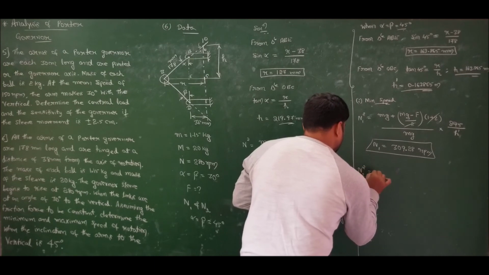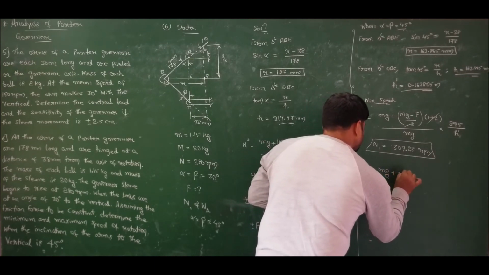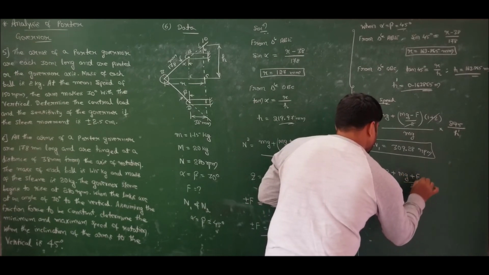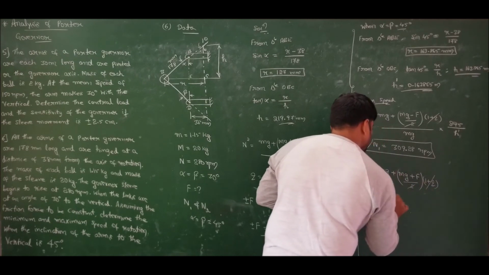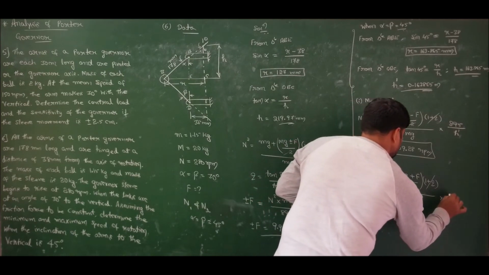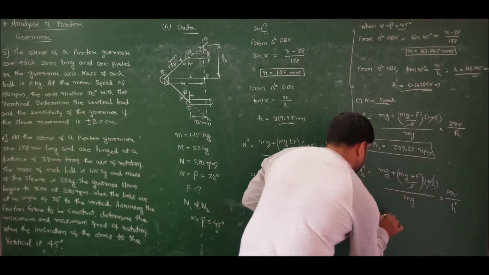Now N2 square will become what? mg plus capital MG plus F by 2 times 1 plus Q. This and this will get cancelled because alpha is equal to beta, divided by mg into 895 by H dash.